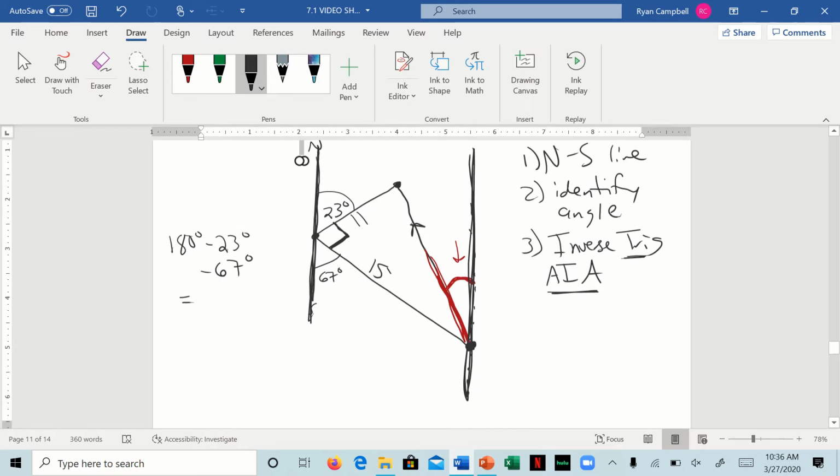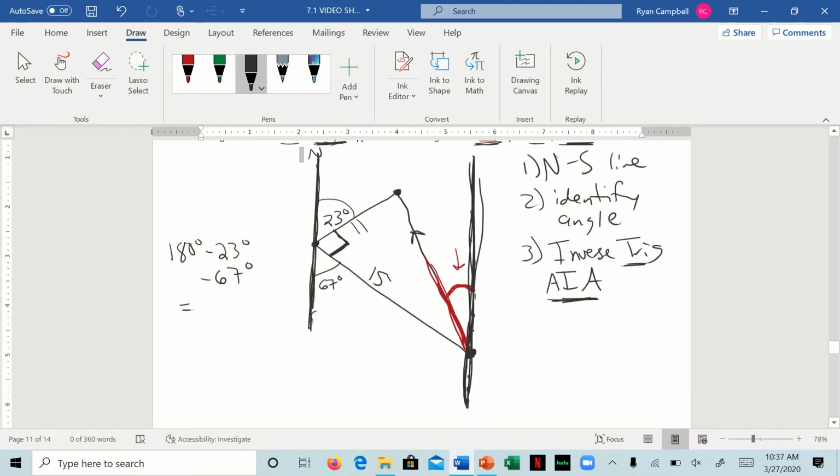So which one is going to be the more important one? Well, first of all, it has to be connected to the north-south line. If it's not connected to this, it's not going to matter. So this little angle, we're not using an alternating interior for that, because that's not touching the north-south line. So what angles currently are touching the north-south line? Well, we see this one, but as we said, we need both of these, so it's not going to be that easy. It can't just be alternating interior. We need both things to figure that out.